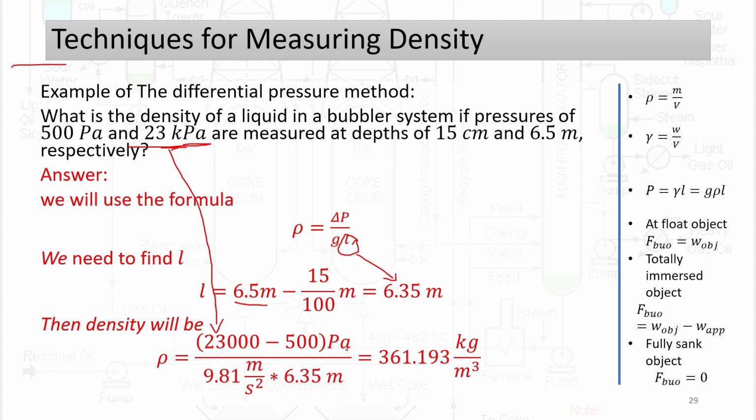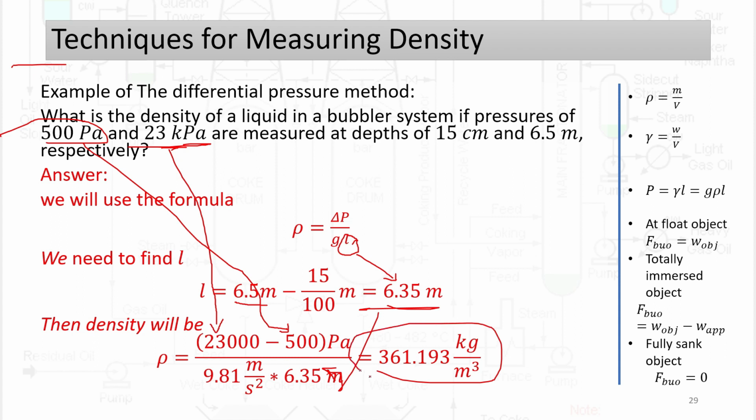It is kilo, that's why I put 3 zeros here, and 500 pascal here, which is the low density side. Just subtract both of them and divide by the acceleration of gravity and the length that we already found here. It gives me the result, which is 361.193 kg per meter cube.